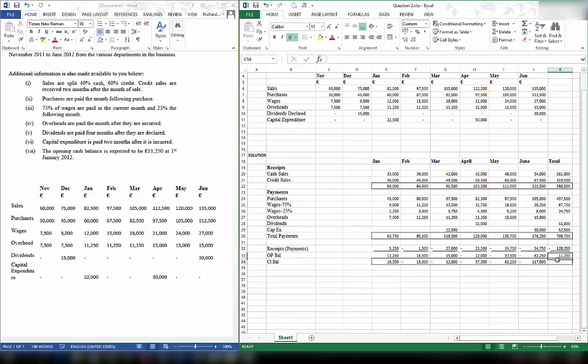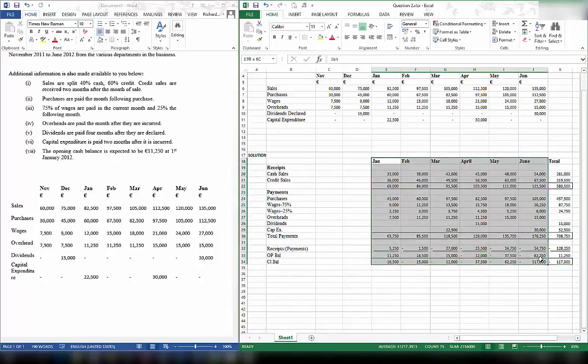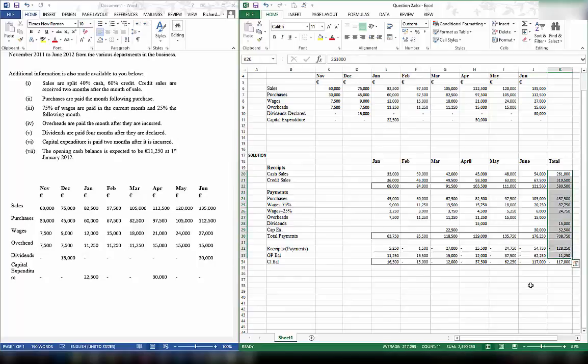So minus 128,250 plus 11,250 gives us a negative 117,000. So all of our months, when we balanced everything up, gave us 117,000. When we did the very same thing with our totals, we found out we were correct. It was negative 117,000.